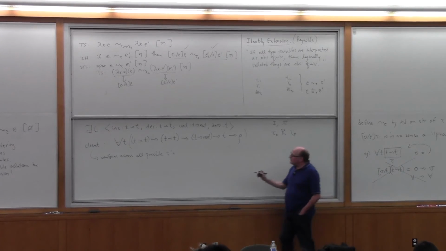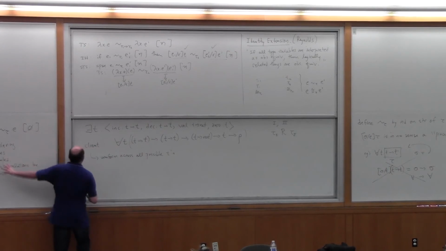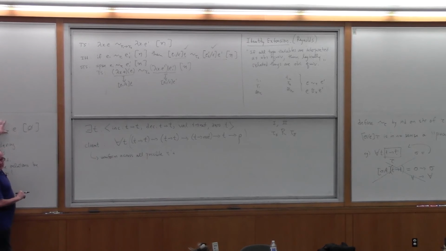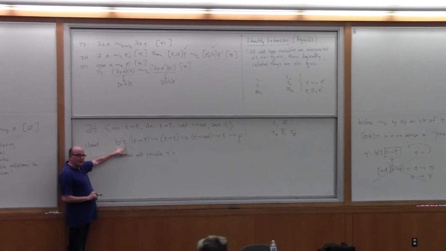So what we know about the client, because the client has this type, is that it satisfies the theorem. Because it satisfies the theorem, the client is oblivious to fictional notions of equality between the two representations. So here's what I know.